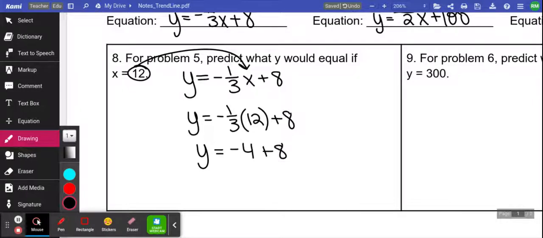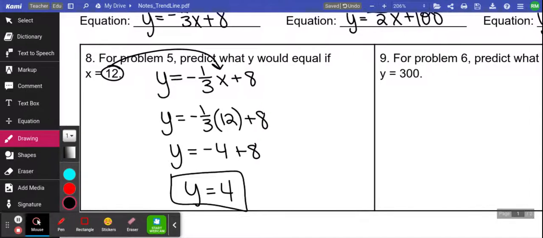So now, what is negative 4 plus 8? Positive 4. So when x is 12, y is what? 4. Questions about that? Okay. We've done something similar to that.